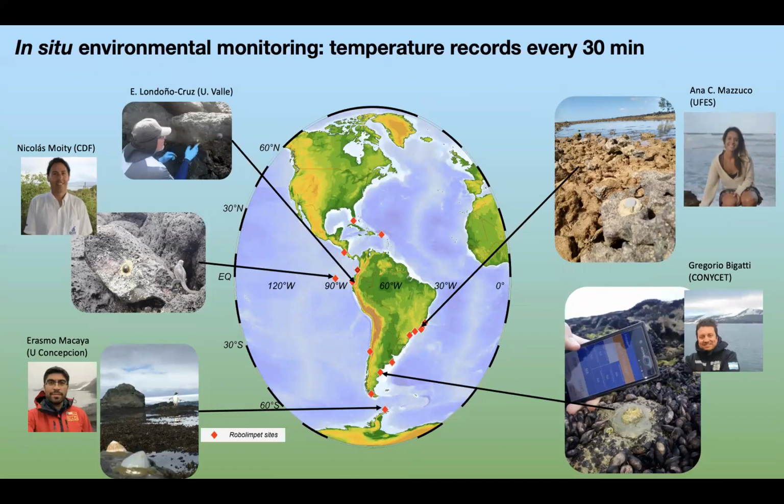Now, in collaboration with colleagues from the University of Porto, who have provided miniaturized temperature loggers, the Pol2Pol is now tracking thermal conditions at high temporal resolution at the sites highlighted with the red dots on this map.